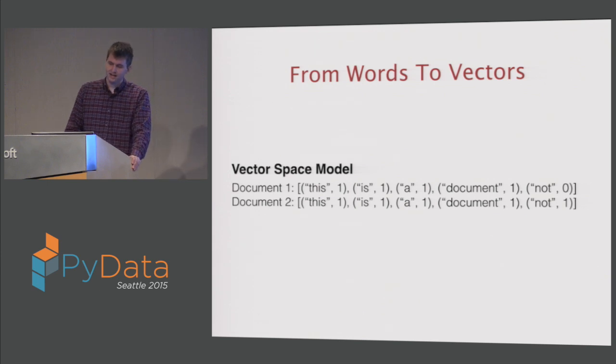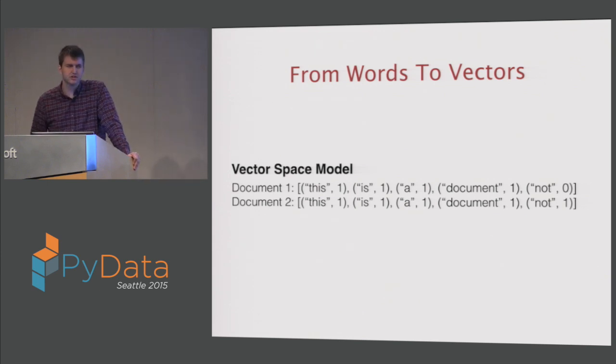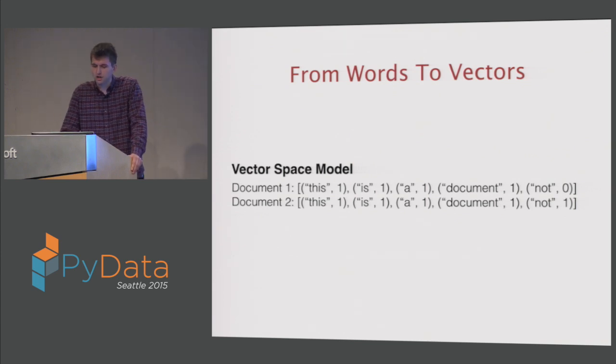So this is the most common text encoding representation you can have. It's called the vector space model. There's another one, used a little more classically, called the standard Boolean model, but the vector space model is used quite a bit more. You've actually seen this encoding, I'm sure.